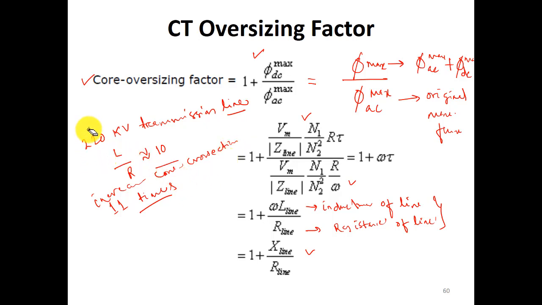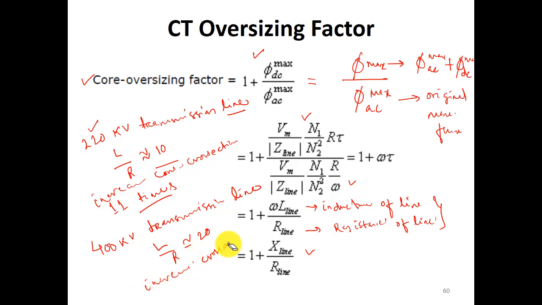11 times for a 220 kV line, and it is really difficult in practice to consider a very huge, bulky CT. Similarly, for a 400 kV transmission line, the L by R ratio is approximately equal to 20, and we have to increase the cross section around 21 times.